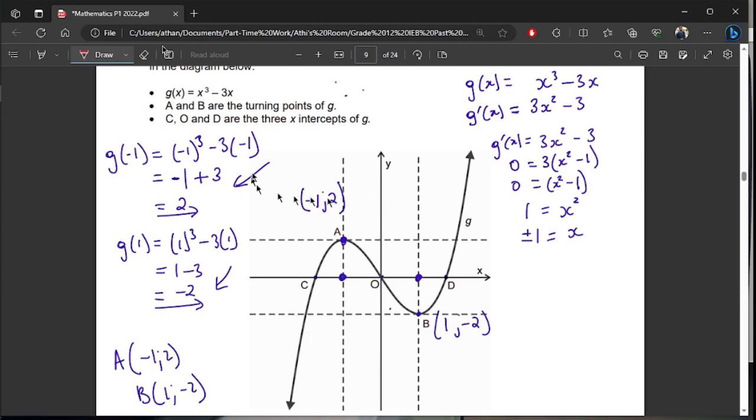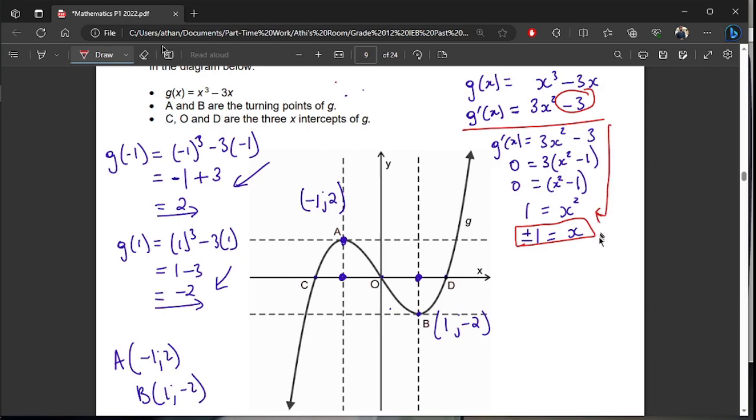So the y-intercept, where is my derivative? There it is. So the y-intercept is going to be negative 3, and then plus and minus 1 are going to be the x-intercepts, because we did calculate them from here.